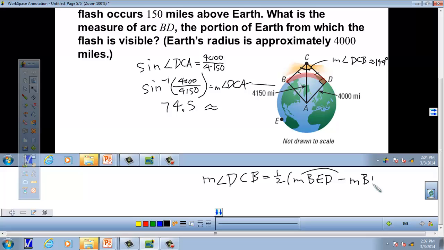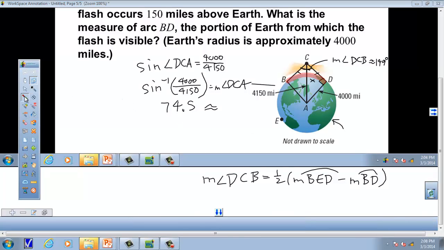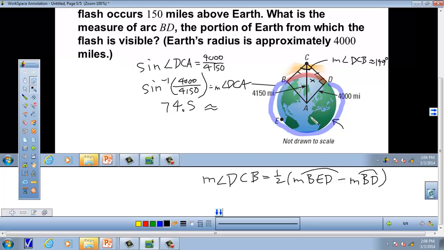The nice thing about this is those two arcs together equal 360 degrees. So if I call arc BD X, I can call the other arc BED, this one right here. If that's X, then this one is 360 minus X.